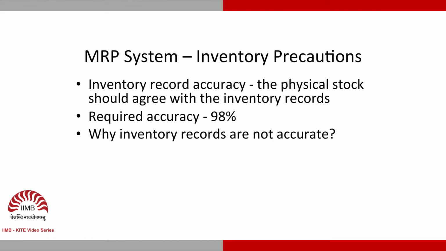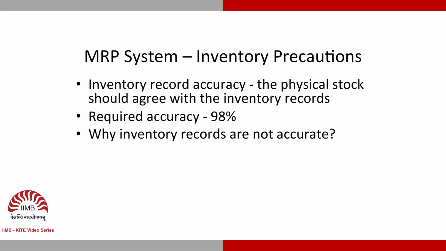You must have faced this several times in your own organizations. Physical stock just does not agree with what is there in your inventory records. Why is it happening? Think about it. Different organizations would have different reasons why these inventory record inaccuracies are happening.